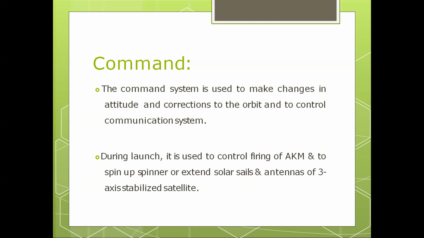By the ground earth station, proper attitude values and corrections are required for the orbit. So we have to control the satellite operation from the ground station. That is evaluated by using this command block, or simply our command system.